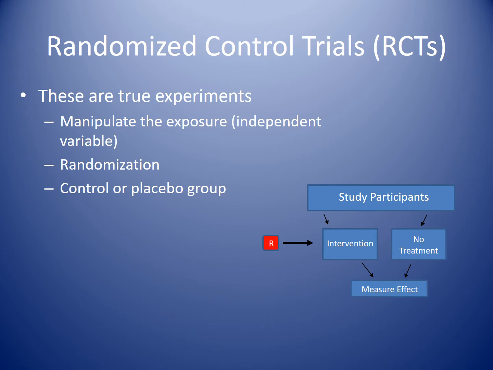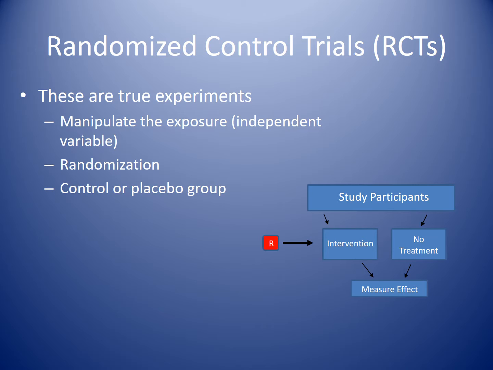So this would be, you have your study participants, you randomize them to either get an intervention or to get no intervention. The easiest way to think about this is a drug trial, where you are randomly either given a drug or you get a fake drug, a placebo, to assess the effectiveness of a new drug that's being tested.